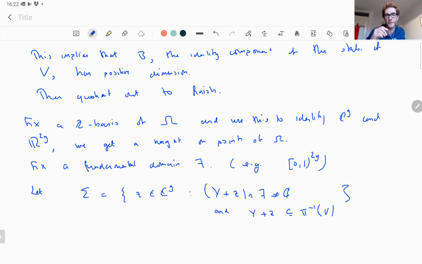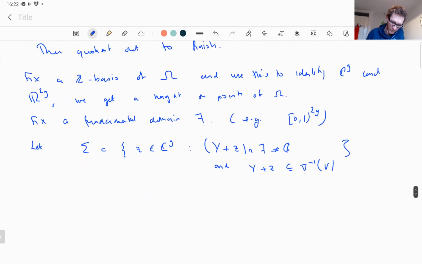Okay, so this is the set that's going to detect Y being in lots of fundamental domains. So we want to show that sigma is definable in R_an.